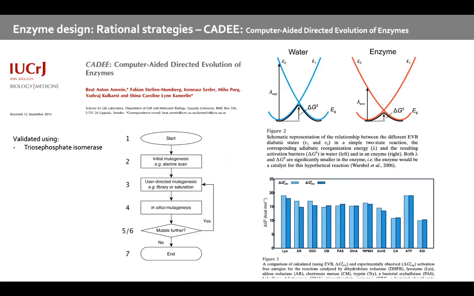They propose a protocol which they validated with an enzyme, triose phosphate isomerase, an enzyme for which there are a lot of mutagenesis studies, so they have a lot of information to use for validating this new approach. And this new approach is based on the empirical valence bond, this semi-empirical QM/MM method.